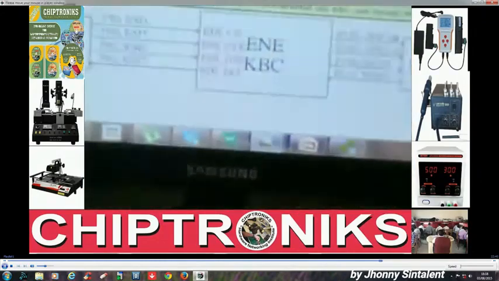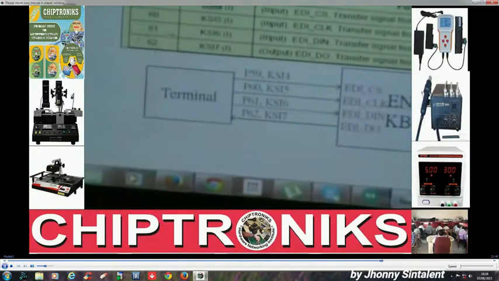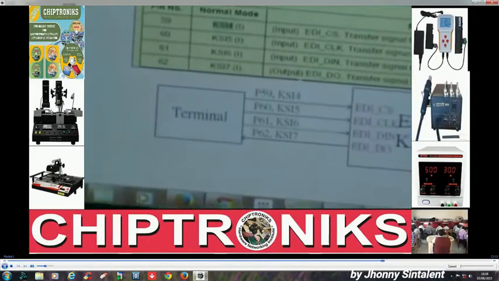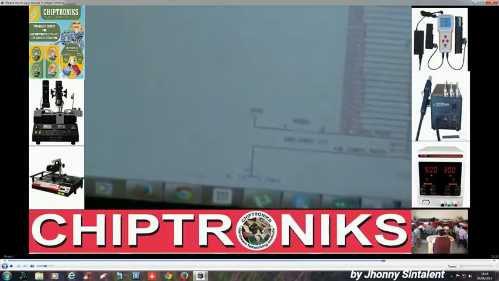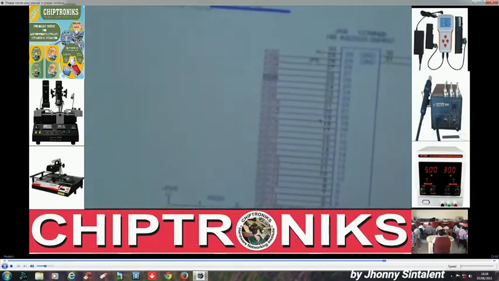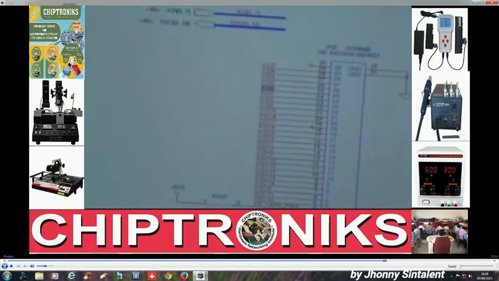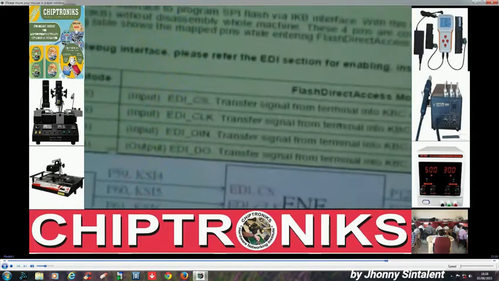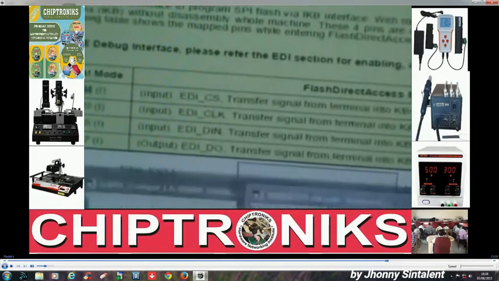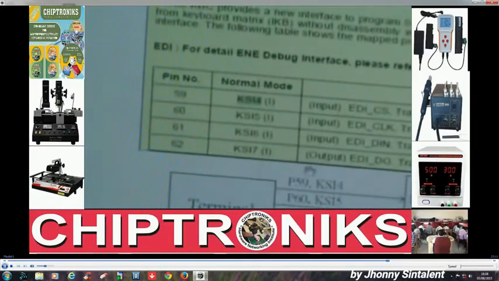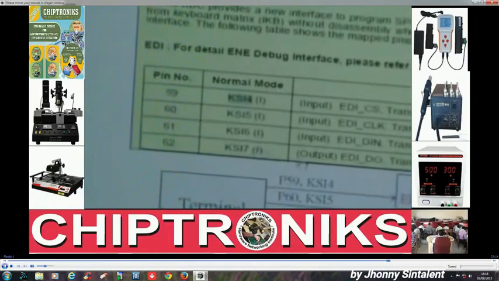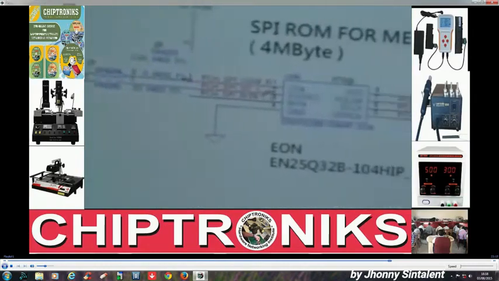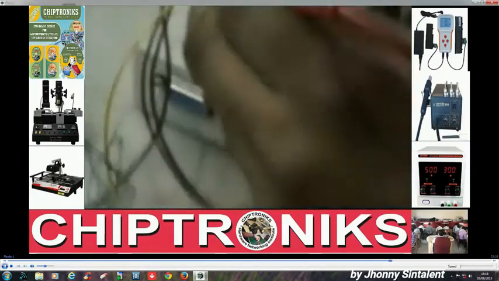Similarly, this is serial out, and serial out is at pin number 62, which is connected at KSI7 of the keyboard connector, and we can see in the keyboard connector KSI7 is connected at pin number 29. And we can see again in the SPI chip, serial output is pin number 2. 1, 2.